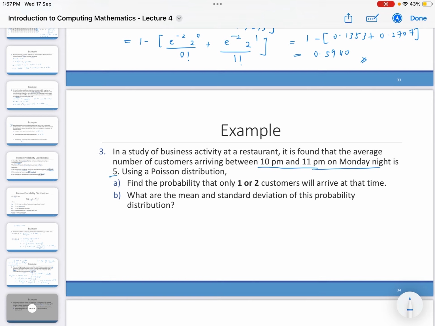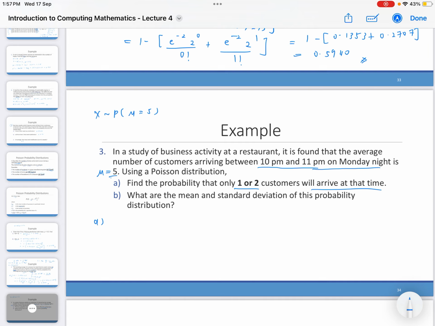So this is the mean. Using the Poisson distribution, find the probability that 1 or 2 customers will arrive at that time. We are calculating the probability in the same interval, so we can just use this mean. We know X is a Poisson distribution with mean equal to 5.